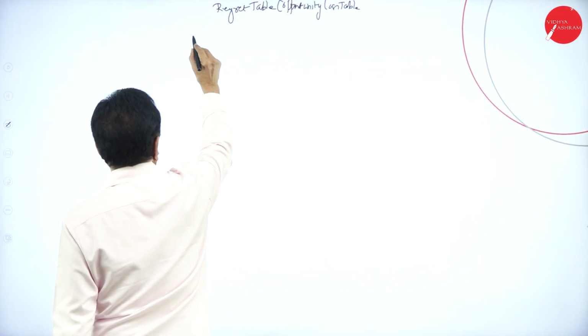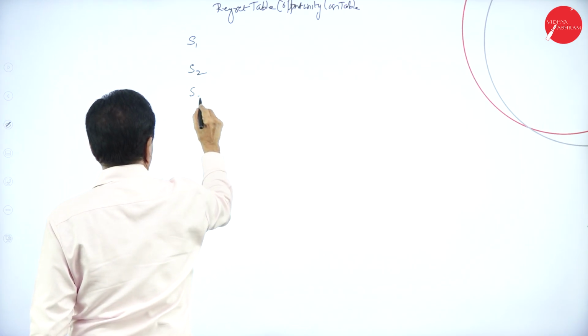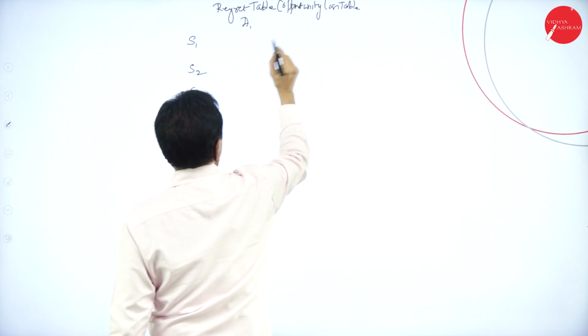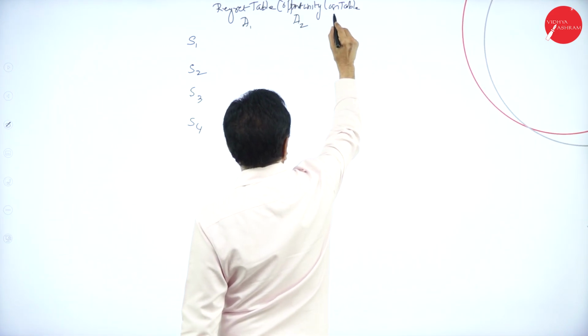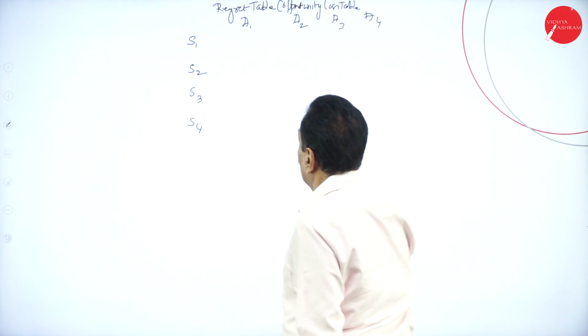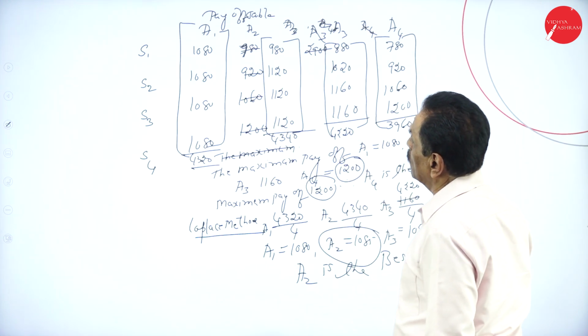So S1, S2, S3, S4, A1, A2, A3, A4. Now, see that in the row wise, which is the highest one?